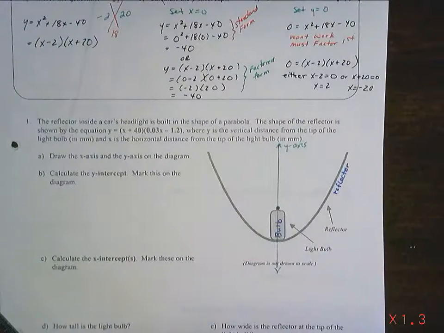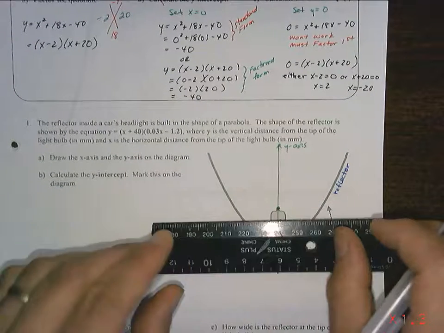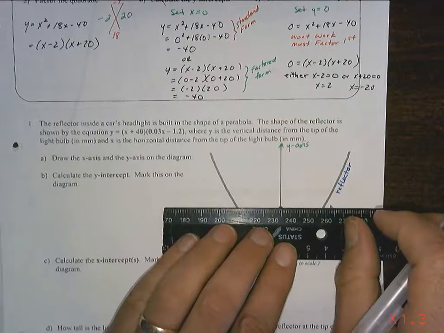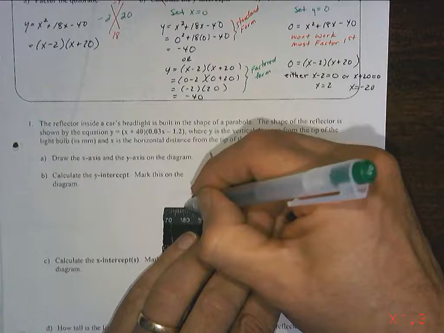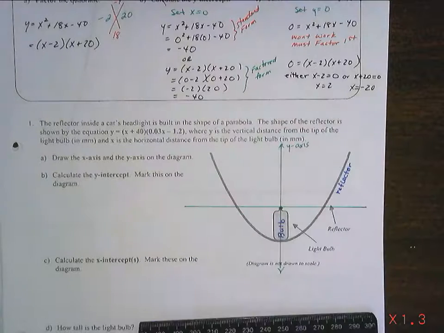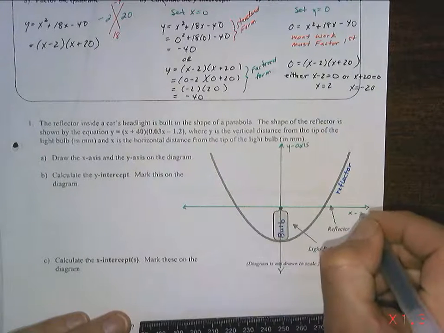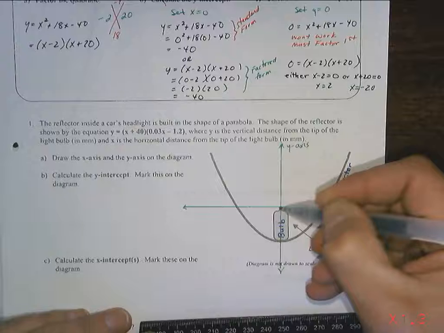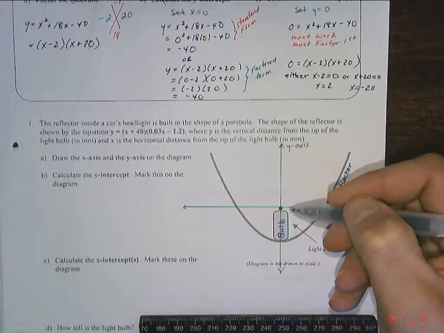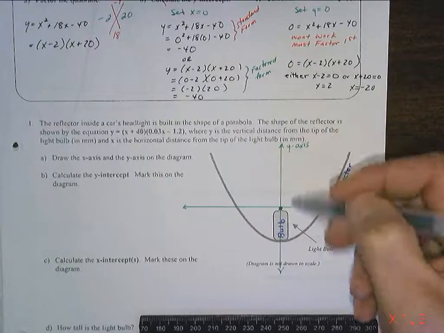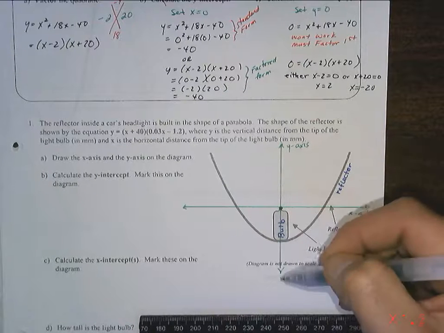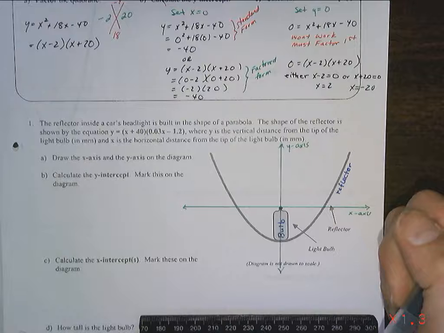Now, if it's a vertical distance from the tip, we're going to have to decide one way being positive and one way being negative. And we might as well throw that in right there as our x-axis. What that allows us to do is this direction is positive distance away from the tip of the light bulb, and this direction is negative distance away from the tip of the light bulb.